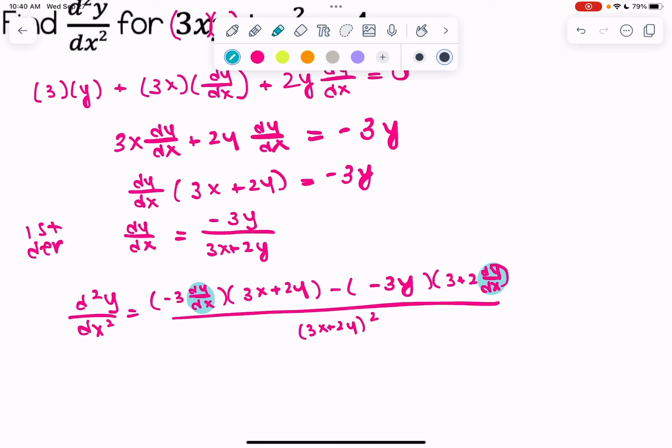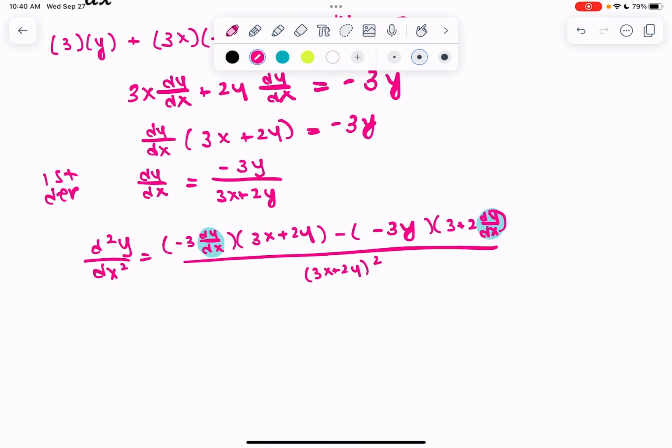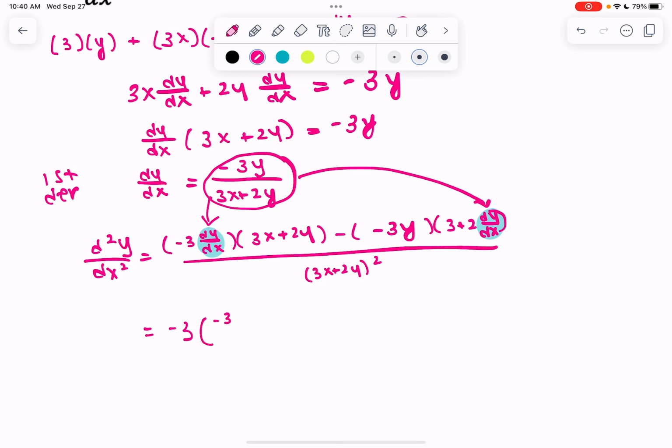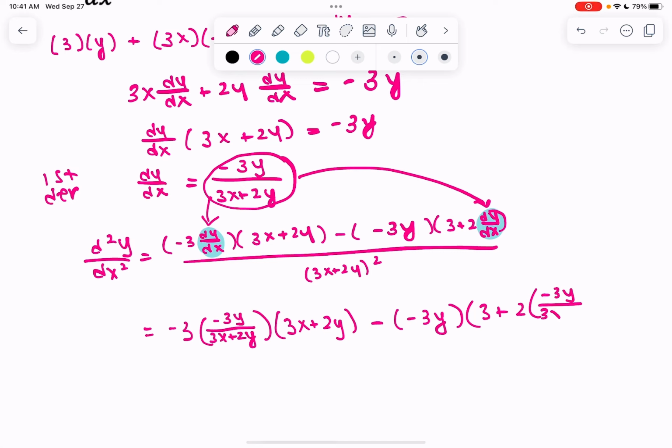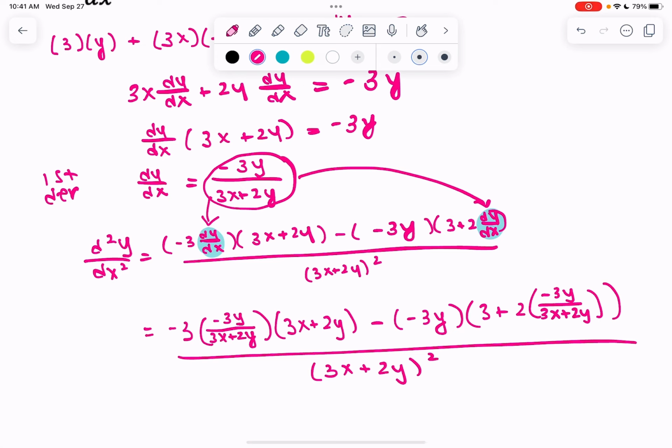We want it only in terms of x and y. So I'm going to substitute in here whatever dy/dx is into both of those spots. And there we have our second derivative for number 5.